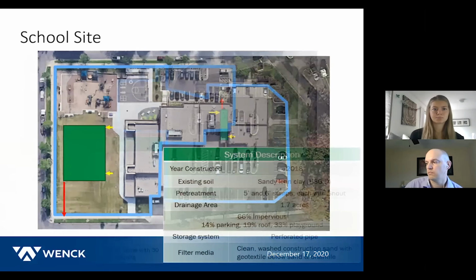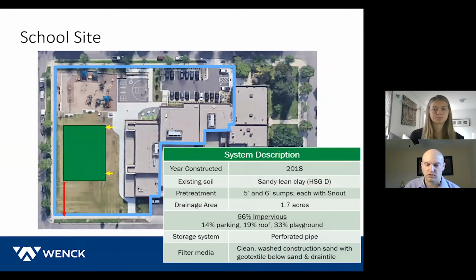So this is 1.7 acres, 66% impervious. If you do the math, the volume of runoff coming from the watershed here is about 5,000 cubic feet or so. The storage within the sand layer here is about 4,000 cubic feet. So there's a chance that these systems initially have that additional storage provided in the sand.